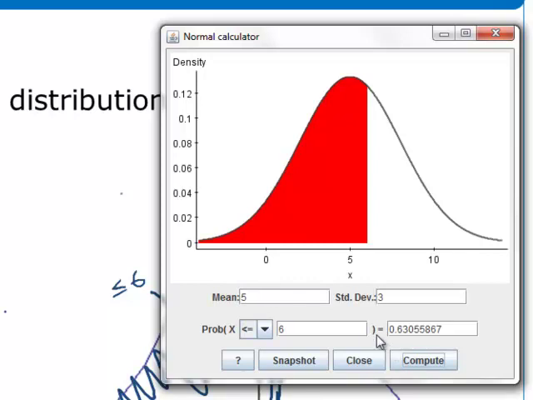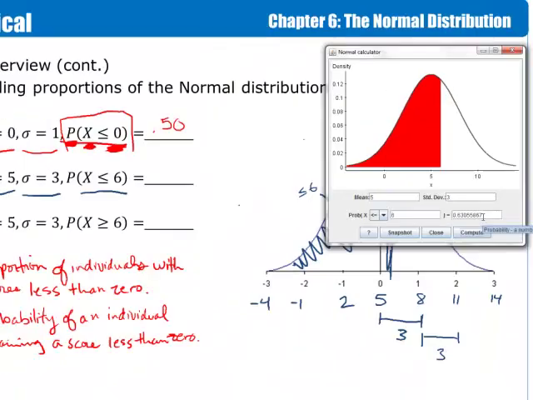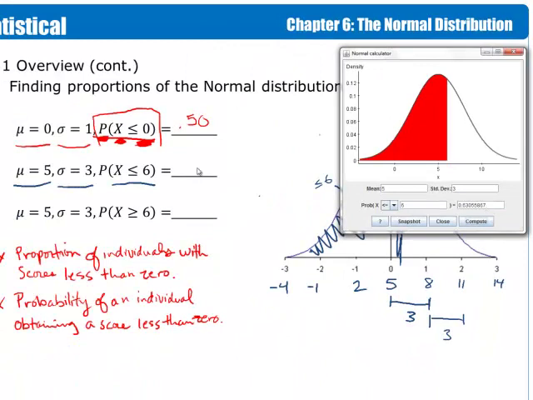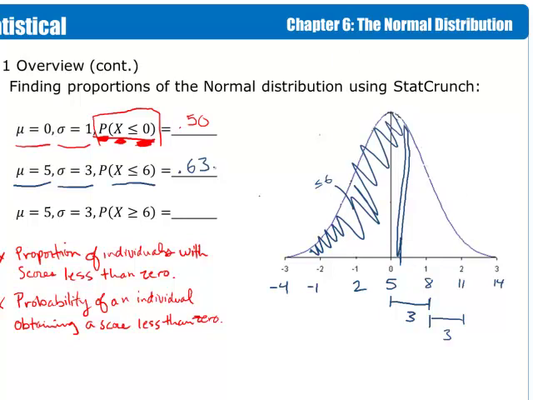And then it gives us the probability that we asked for, which is the probability of an individual getting a score less than 6, which in this case is 0.6305587. So we could go over to our answer and put 0.63. And you can tell that 0.63 makes sense as an answer because the area that's shaded in on the graph is about 63% of the graph.